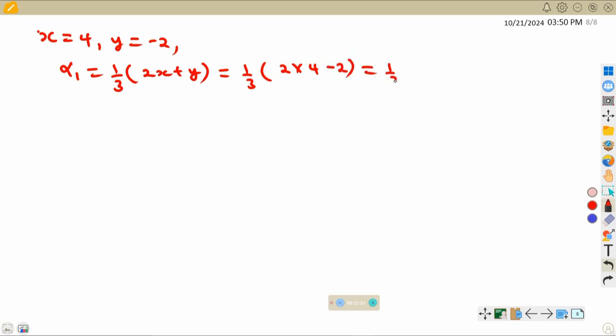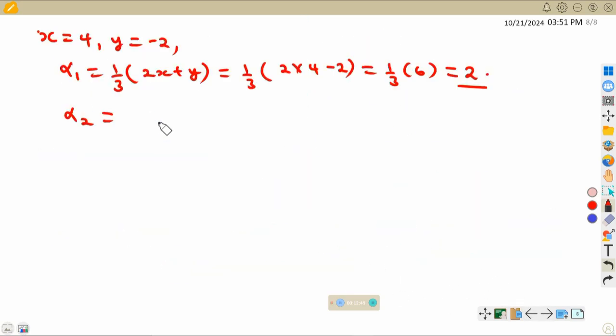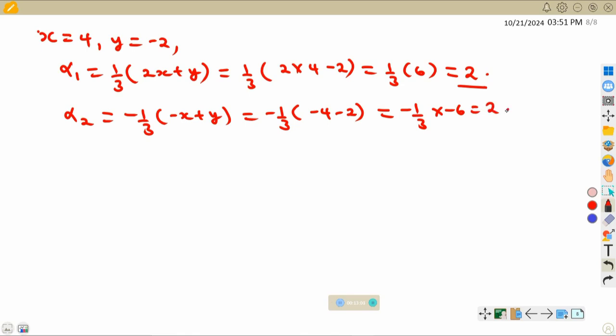This is same as a third into 6, and this will give us 2. For alpha 2, we had obtained negative a third into negative x plus y. So clearly this will be negative a third into negative 4 minus 2, which is negative a third times negative 6, and this will give us 2.